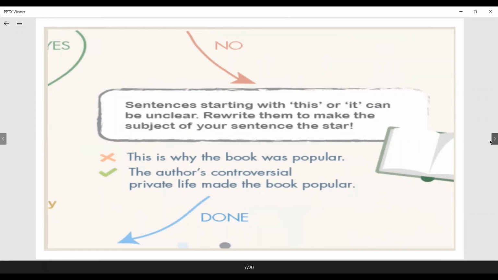Instead of writing this, you could have written, the author's controversial private life made the book popular. In this sentence, you could see that while removing this from the beginning, the writer is explaining the reason for the popularity of the book, which makes the whole sequence more logical.